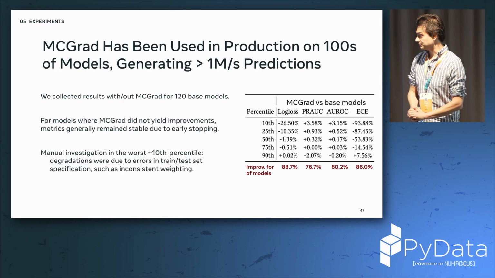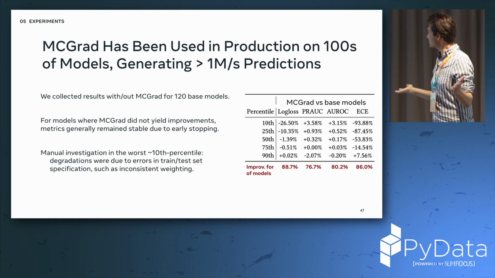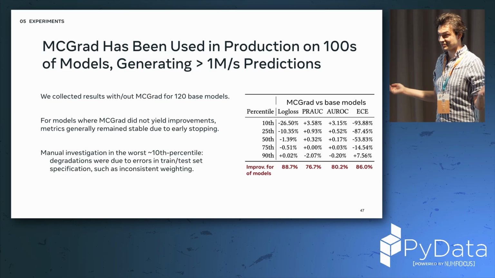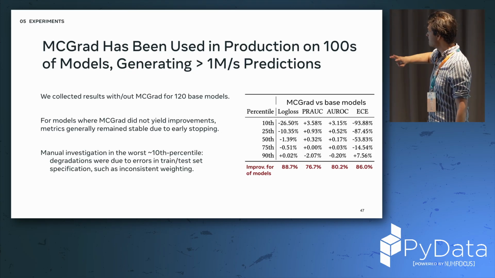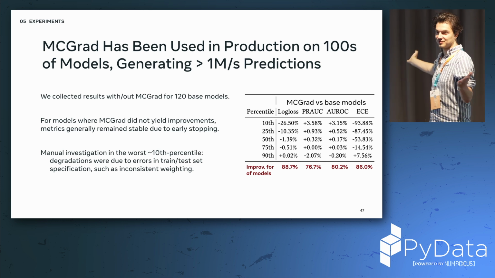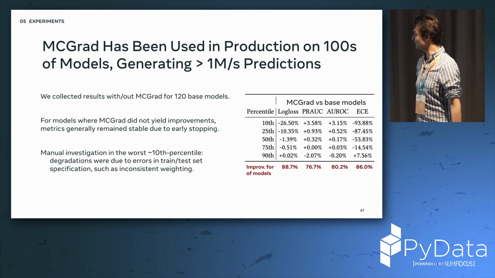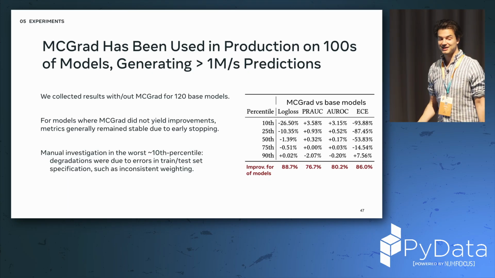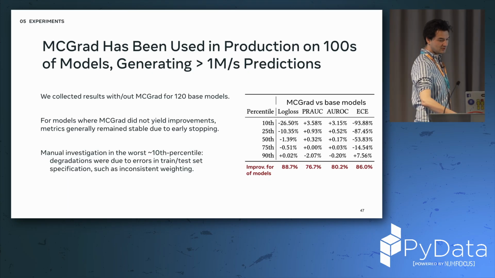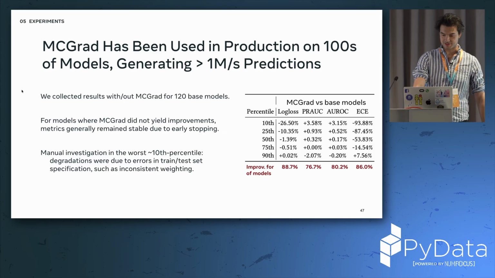There are a couple of thousands of machine learning model training jobs being submitted to this platform, and hundreds of different models that are deployed somewhere in production. So we were able to get a nice set of results from this.